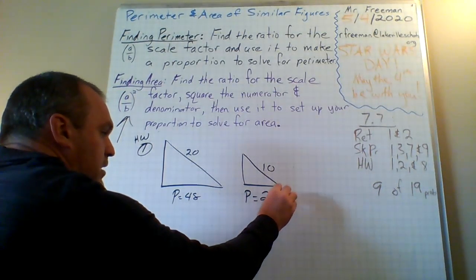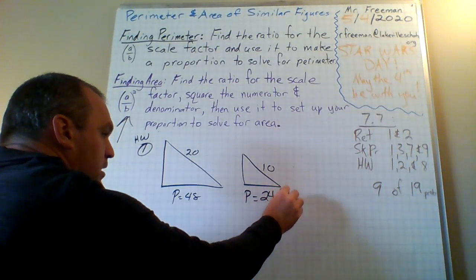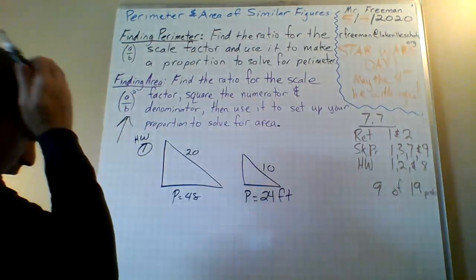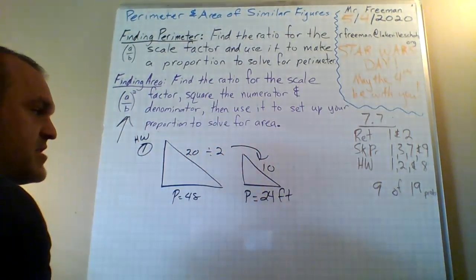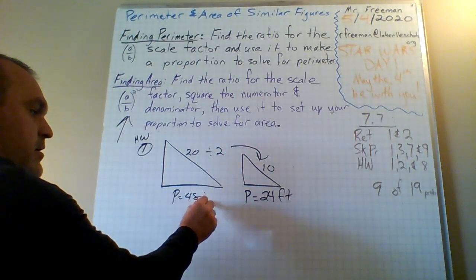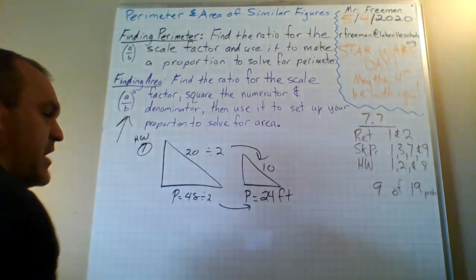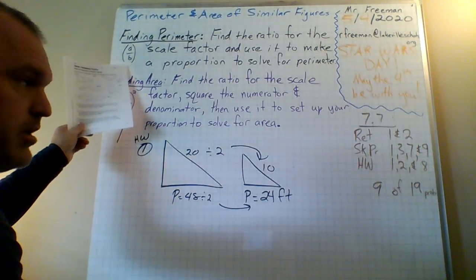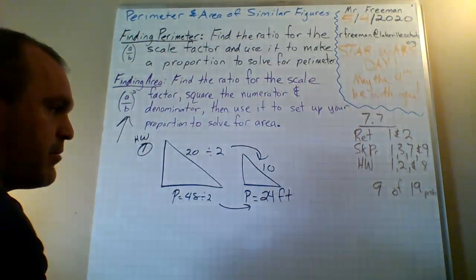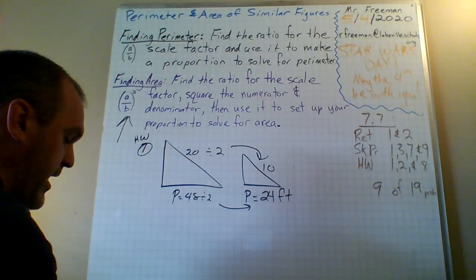This one's going to be 24, and that dimension is in feet. Okay, 20 divided by 2 gives that. So 48 divided by 2 gives that.